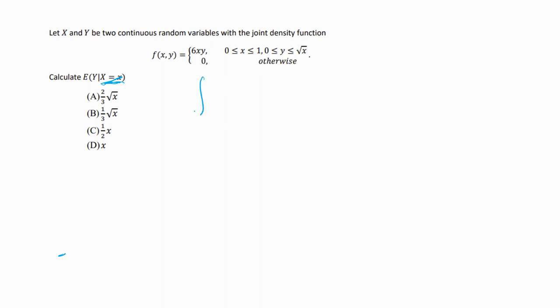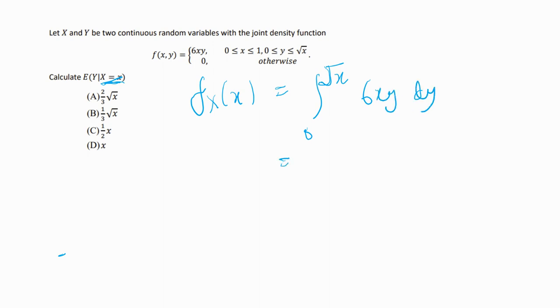So firstly, we want to find f(x), which will be what? For x, we take the limit of y and integrate with respect to y. So this one is the integral from 0 to root x of 6xy dy.